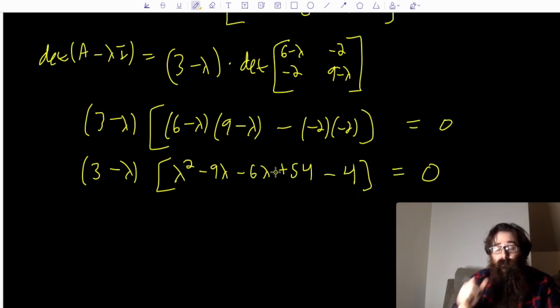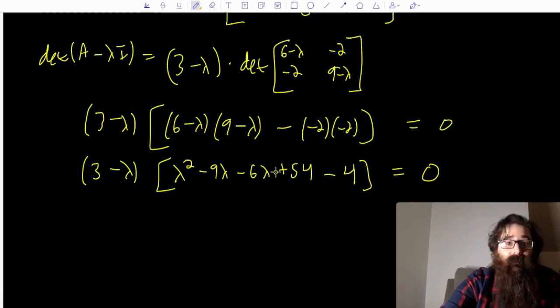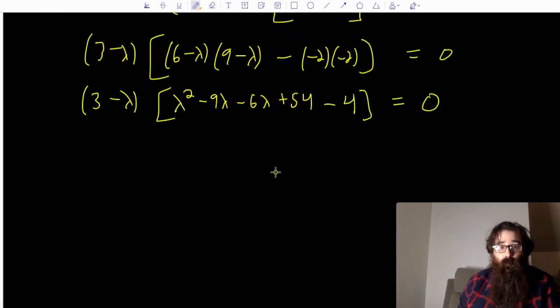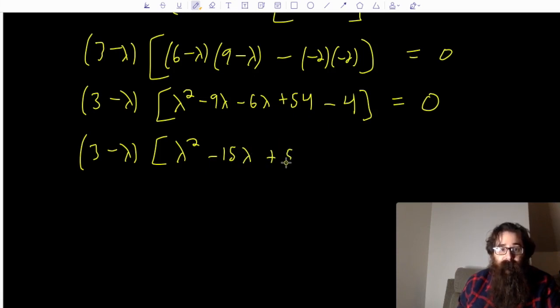Still, I want it to be equal to 0. Let's combine like terms where we can. So 3 minus lambda, and here I have lambda squared, minus 9 lambda minus 6 lambda is minus 15 lambda. 54 minus 4 is plus 50 for that constant term, equals 0.